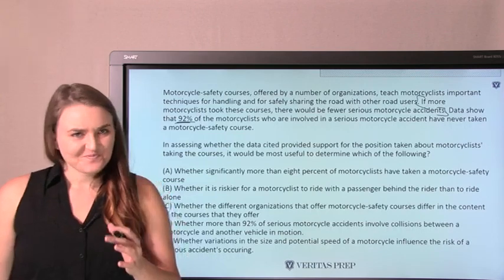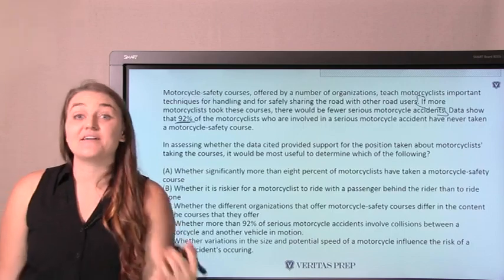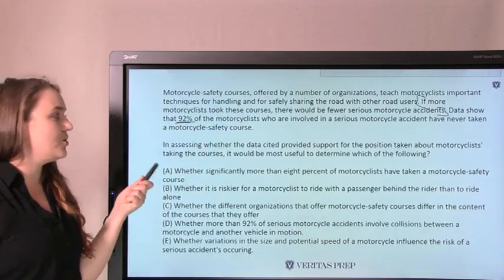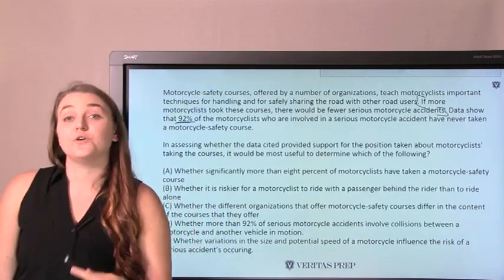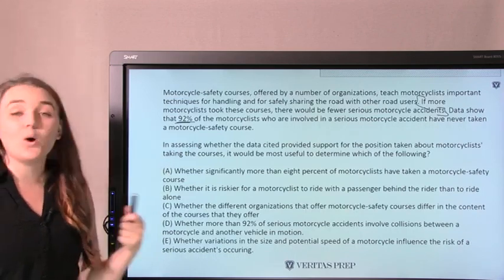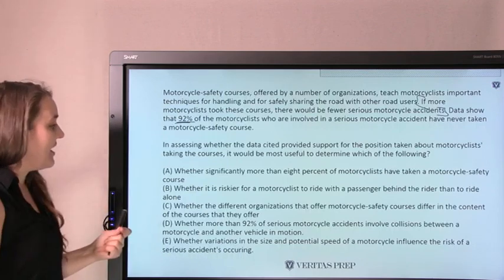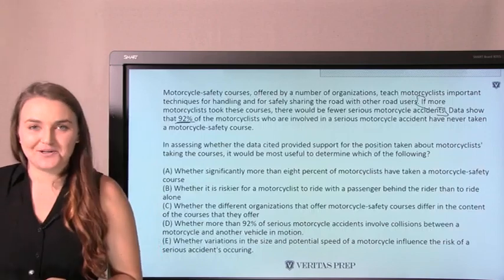Yeah, so in this case, if we're looking at the connection or the lack thereof between 92% of motorcyclists have never taken a course, and if more motorcyclists took these courses, there would be fewer serious accidents, we want to evaluate the reasoning question and a useful to determine question. We want to evaluate whether this data makes sense to draw the conclusion we've been given.